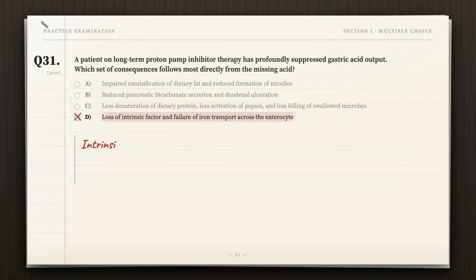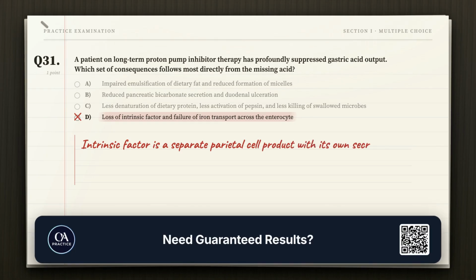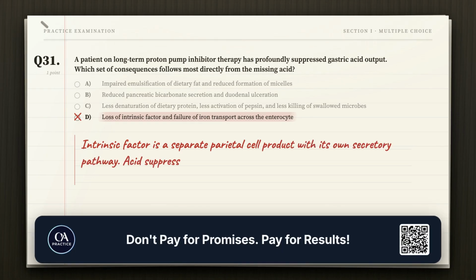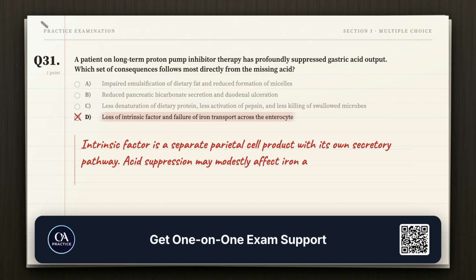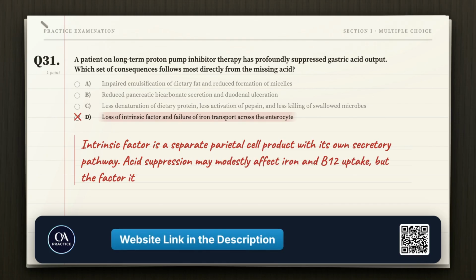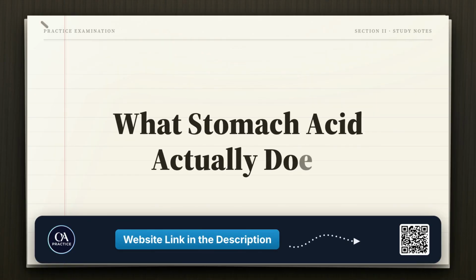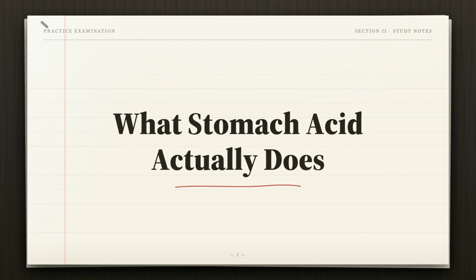D is wrong because intrinsic factor is a separate parietal cell product with its own secretory pathway. Acid suppression may modestly affect iron and B12 uptake, but the factor itself is still secreted. Proton pump inhibitors are among the most prescribed drugs on earth, and their widespread use has run an accidental experiment on gastric acid.